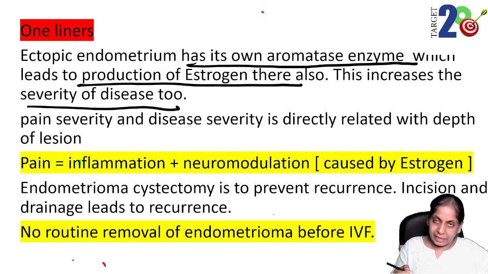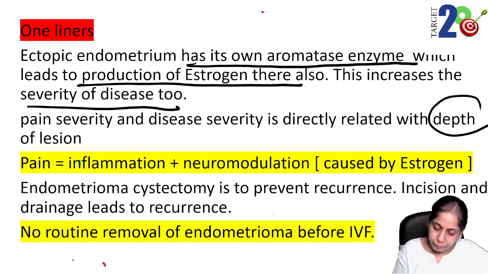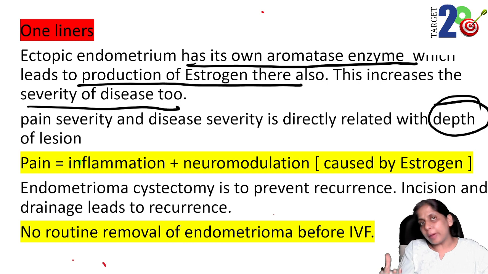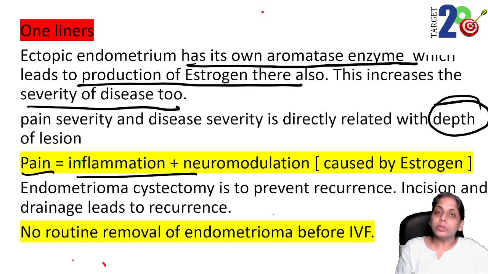The pain severity and the disease severity depend on the depth of the lesion. How deep are the lesions? The pain is directly related to inflammation, and also to neuromodulation. What is neuromodulation?